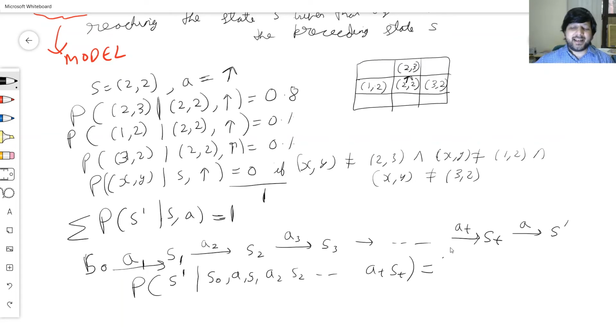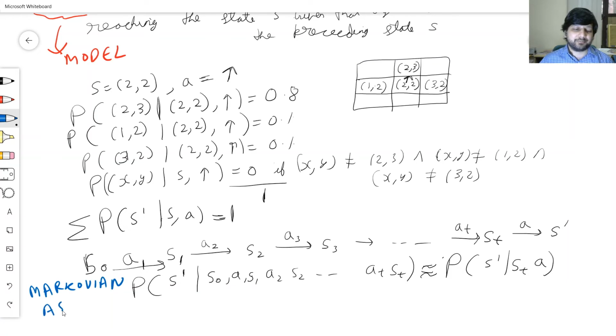So why did I say that everything else doesn't matter? The only thing that matters is which was your last state and which was your last action. This has a famous name and this is called the Markovian assumption.